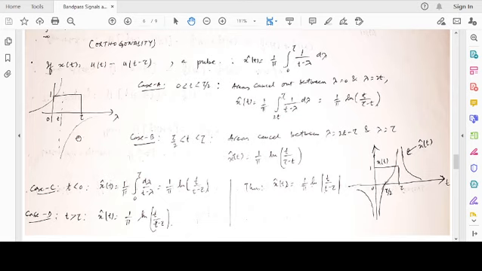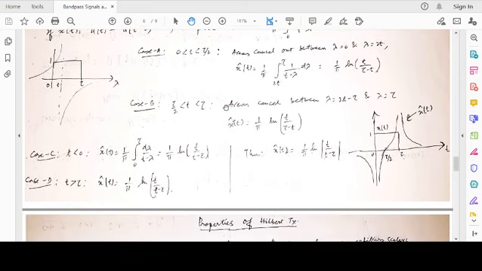So the integral between 2t minus tau to tau, they cancel each other. And this integral boils down to integration from 0 to 2t minus tau. So 0 to 2t minus tau, you get 1 by pi ln t by tau minus t again.